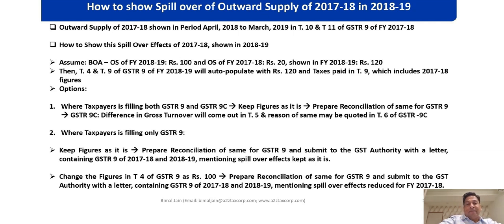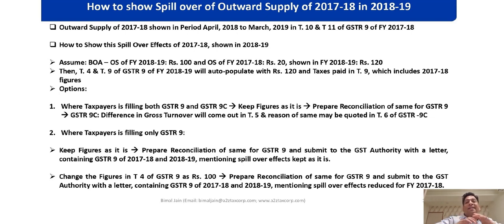So what happened when you are picking up GSTR-9 of 18-19, your table 4 which is getting auto-populated from GSTR-1 will show 120, inclusive of 20 rupees of 17-18 shown in 18-19.